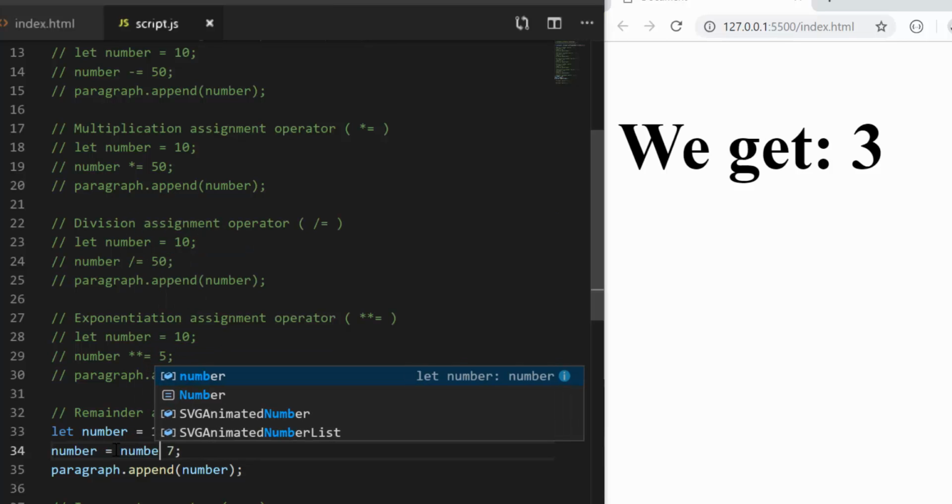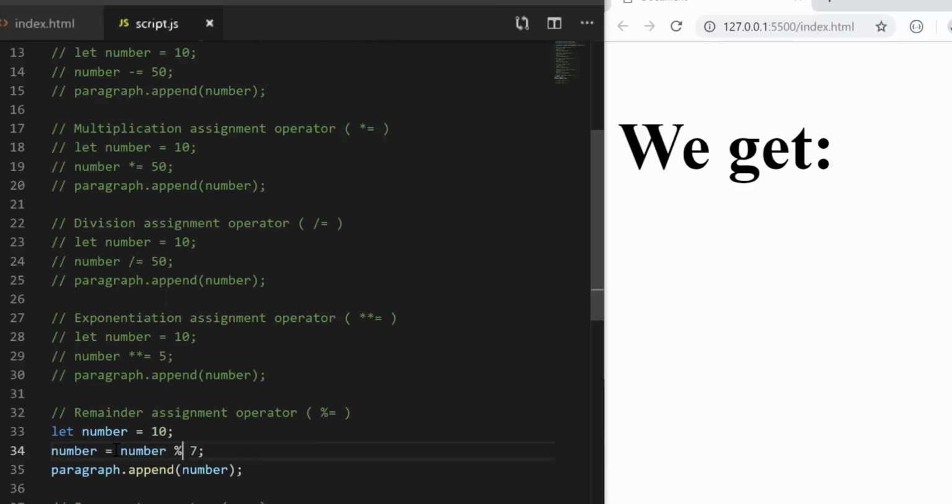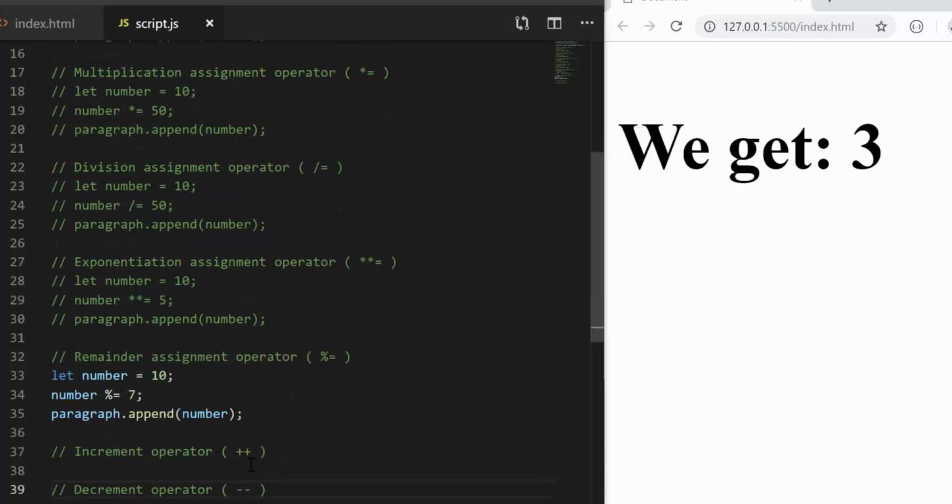Same thing as writing number, percentage sign, 7. Again, number gets removed, and the percentage sign switches places and comes before the equal sign. And that is it.